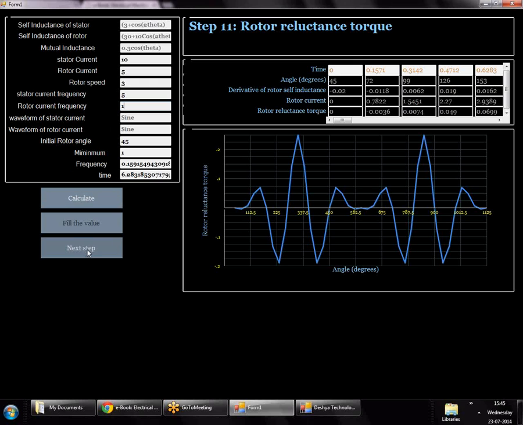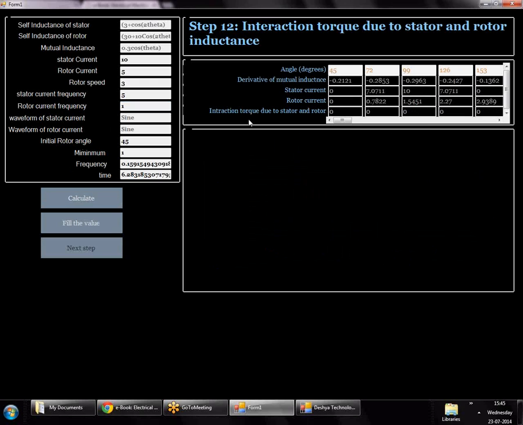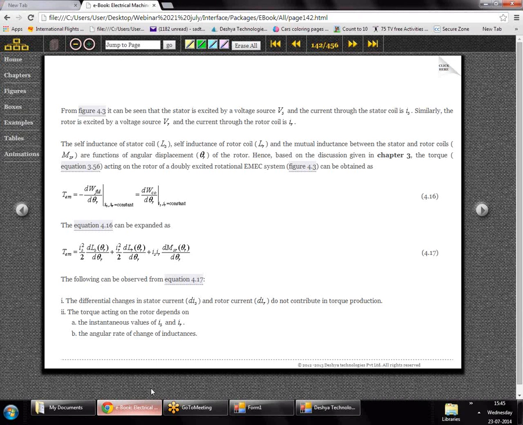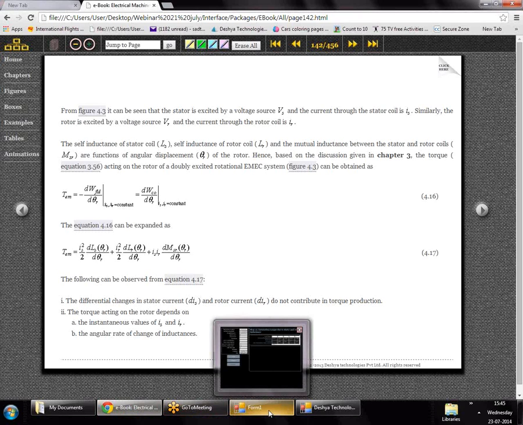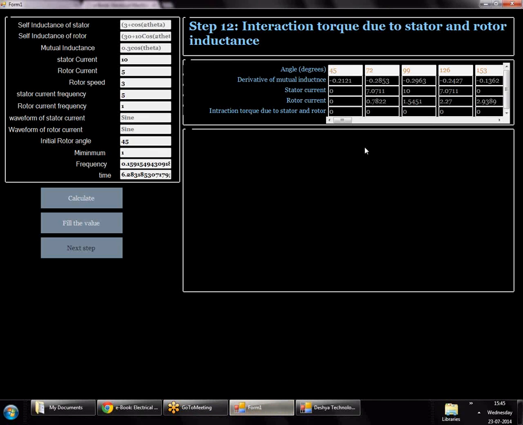Then we go to the next step, and it says calculate the interaction torque. And if we see here in expression 4.17, the interaction torque is the product of the stator and the rotor current multiplied by the rate of change of the mutual inductance between the stator and the rotor coils.